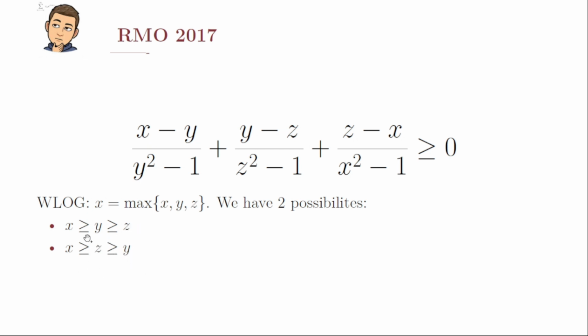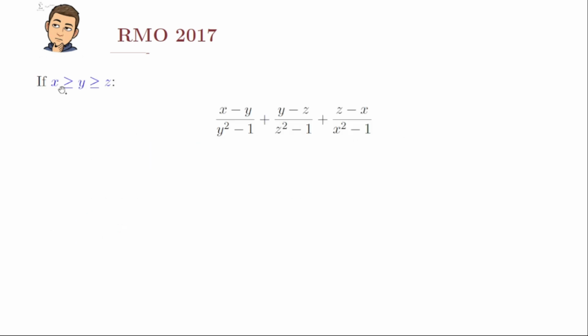Now for the first case, where y is bigger than or equal to z, we will rewrite the left hand side of the inequality that we will prove. Notice this last term, we just add y minus y. And so we can get a z and y for this term, and x and y for the first term right here.